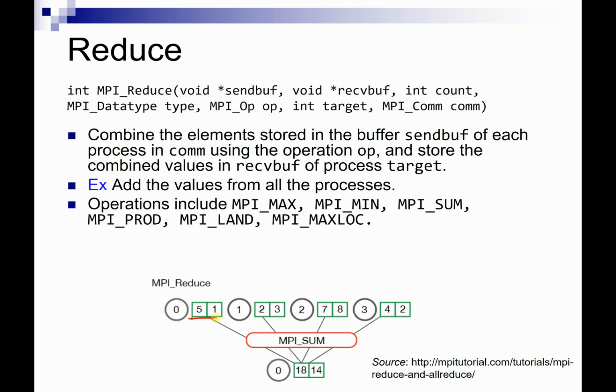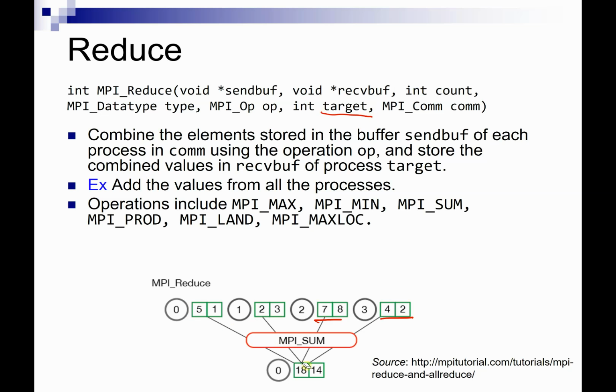Okay, so these things over here, right, they're the send buffers at the different processes. Each process is going to have a send buffer. Okay, and then the receive buffer, only the target node needs to have one, because only he's going to collect all of this data.